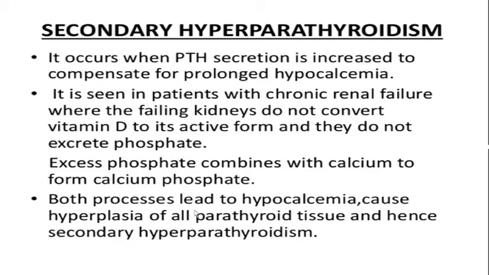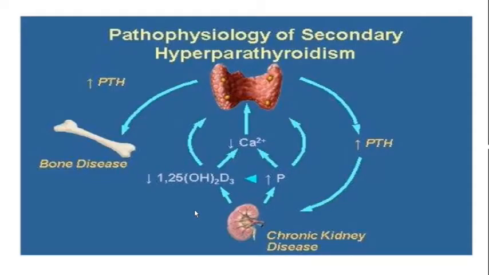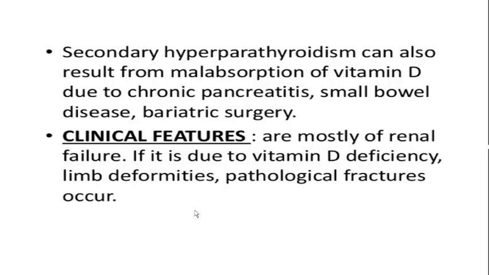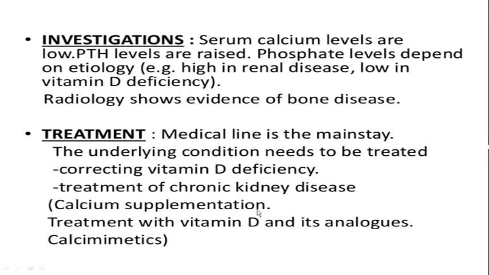Both processes lead to hypocalcemia and hyperplasia of the parathyroid tissues, leading to secondary hyperparathyroidism. This is how it manifests. It can also occur with vitamin D malabsorption due to chronic pancreatitis, small bowel disease or bariatric surgery, and the clinical features are almost analogous to primary hyperparathyroidism.